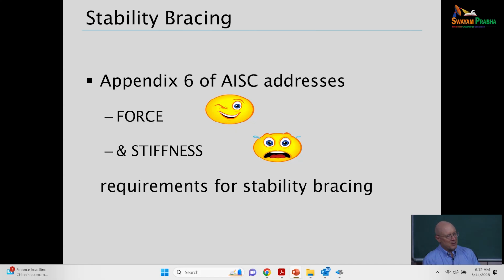But the other thing that can cause a lot of trouble in many systems in terms of being able to satisfy it is you can't just say, oh, I've considered a force, and yes, that element can take that force. You also have to have sufficient stiffness. And so both requirements go hand in hand when we're looking at stability bracing. And stiffness is more of the one that, their traditional rules were just, oh, design those members for this force, don't do anything about stiffness.